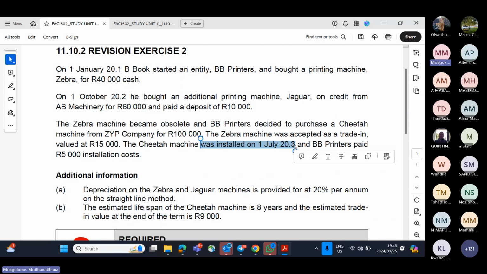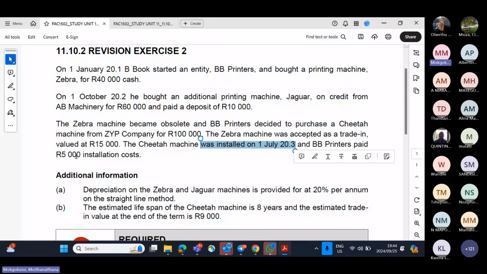And remember, we said when we determine the purchase price or the cost price of the machinery, we take the purchase price, which is 100,000, and we add the installation cost of 5,000. Then if you add these two amounts, they will give you 105,000.